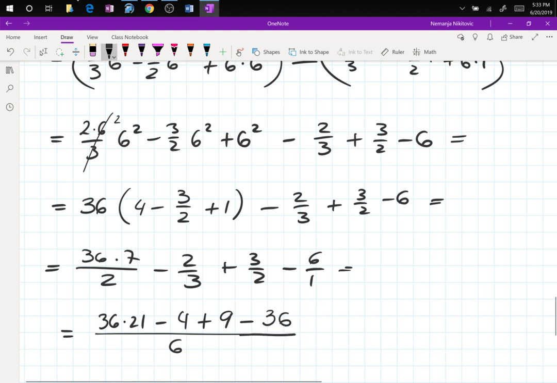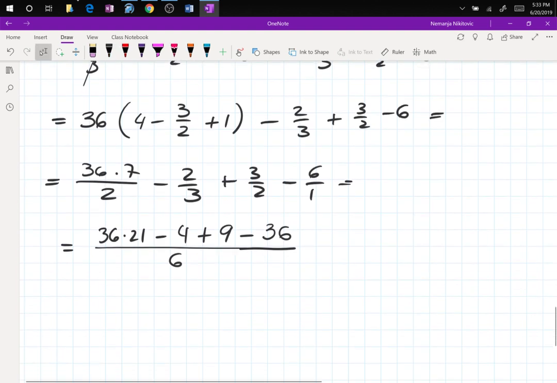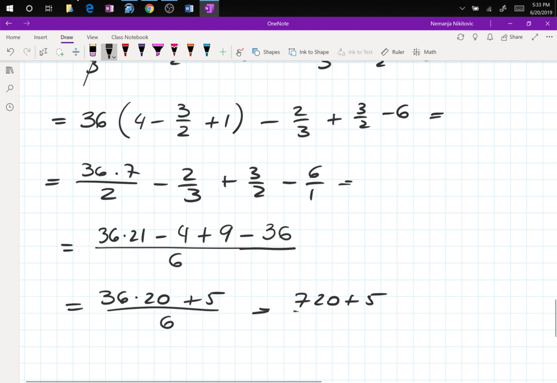That's 36. Great. Nice. 36 times 21 minus 36, that's 36 times 20, plus 5 over 6. 36 doubled is 720. You don't need to follow any of this. You can use calculator instead. I'm just lazy. So 725 over 6.